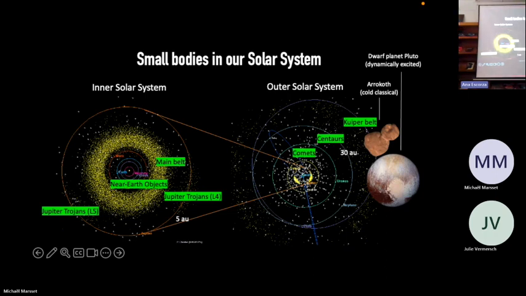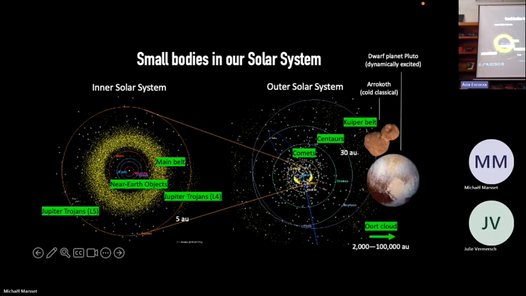So short period comets are comets with an orbital period of less than 200 years, and they mainly come from the Kuiper belt. Then if you zoom out even more, there's this hypothetical population of icy bodies from a few thousand to 100,000 astronomical units, which is called the Oort cloud.